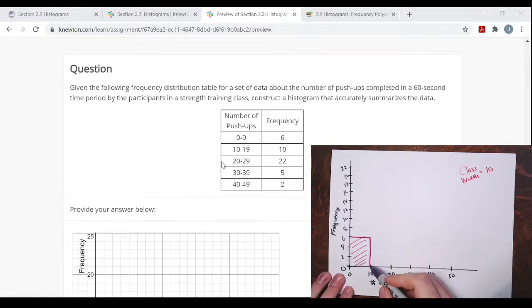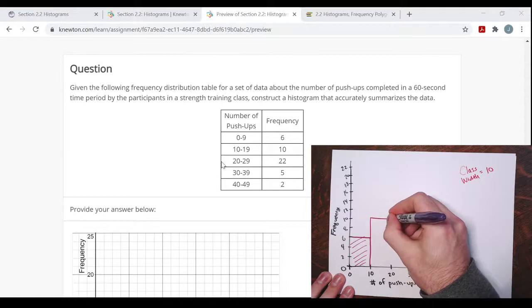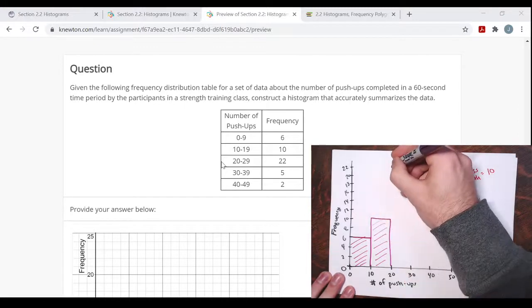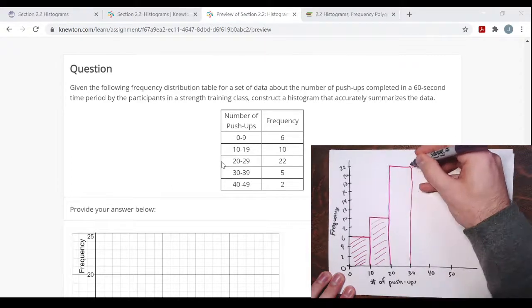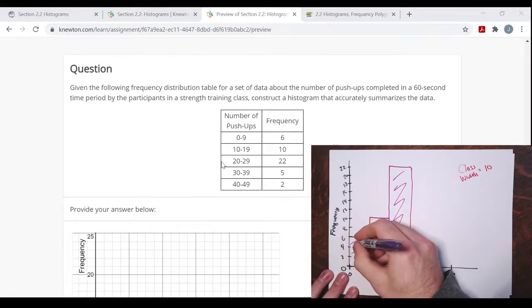And then from 10 to 20, so 10 to 19, right, I'll make a bar. 10 people did 10 to 19 push-ups. And then 20 starts the next class. And 22 people did 20 to 29, right? 30 starts the next class. And then 30 to 39, between 30 and 40 here. That's 5 people, so between 4 and 6, so like this high.